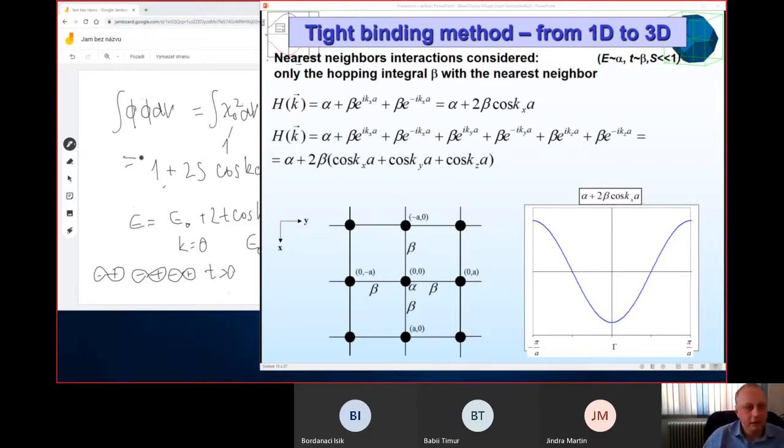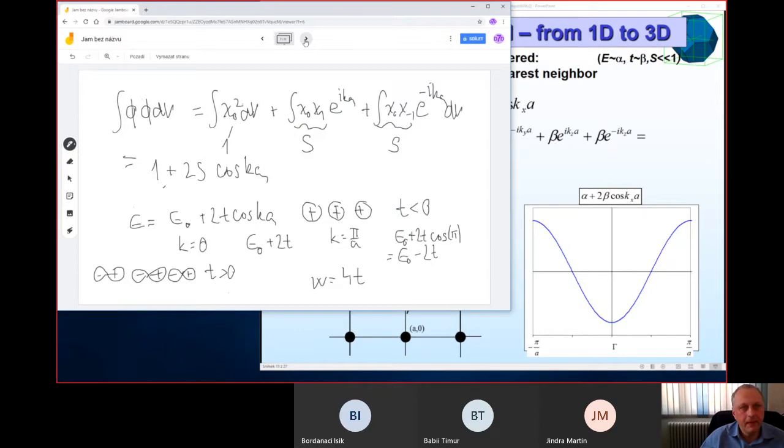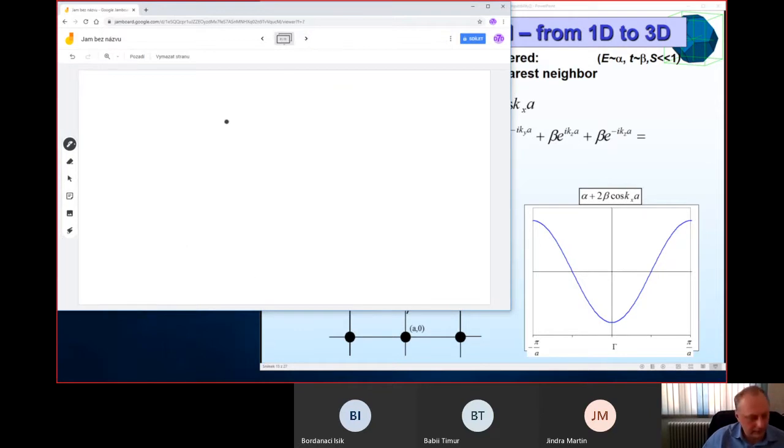How could we then plot the band dispersion? We know that the first Brillouin zone looks like a cube. We have the gamma point at the center, then the X point here in the center of the face, then the M point somewhere here.